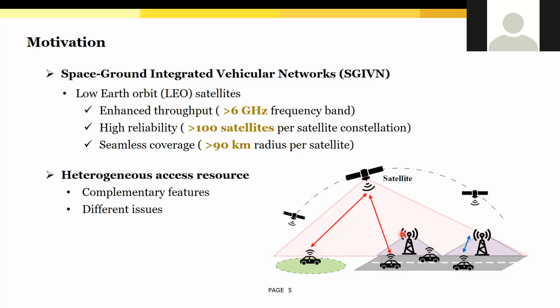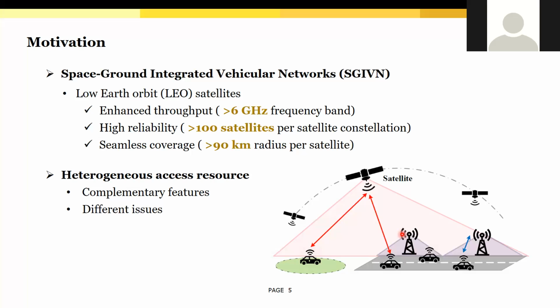Generally, more than 2 satellites can cover the target area simultaneously, which provides high reliability to guarantee connectivity. The third one is seamless coverage, since each satellite has larger coverage compared with terrestrial base stations. Satellite constellations can generally provide nearly global coverage for supporting IoV services.